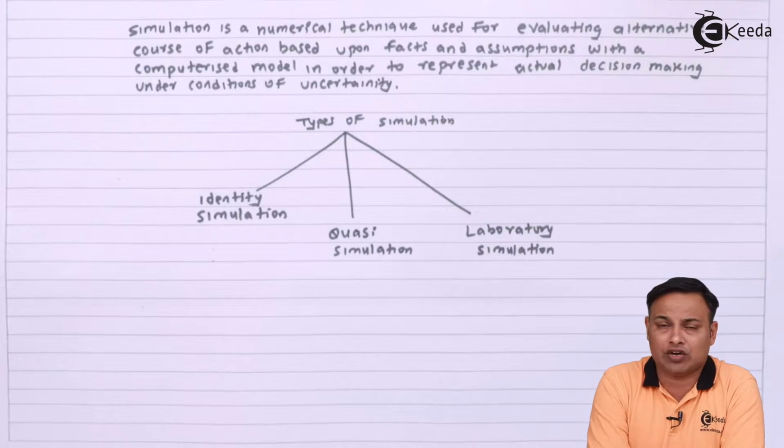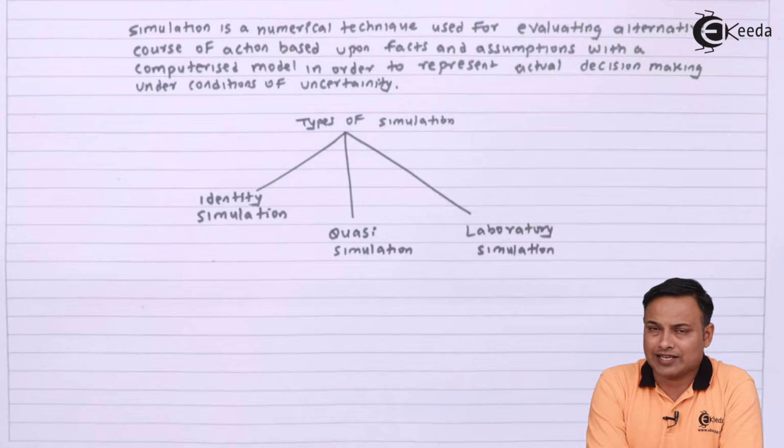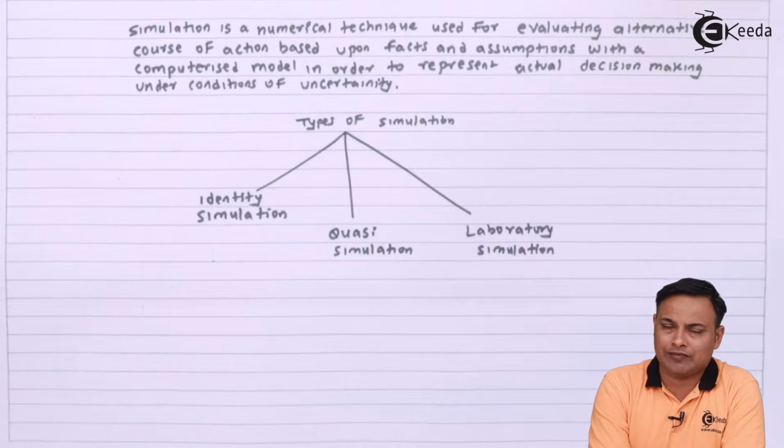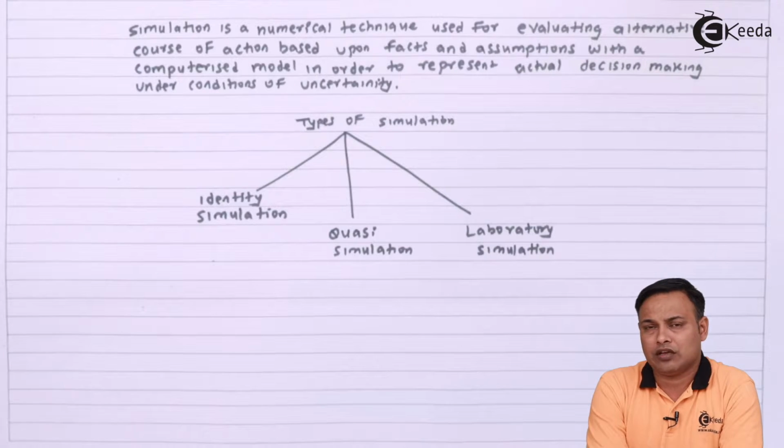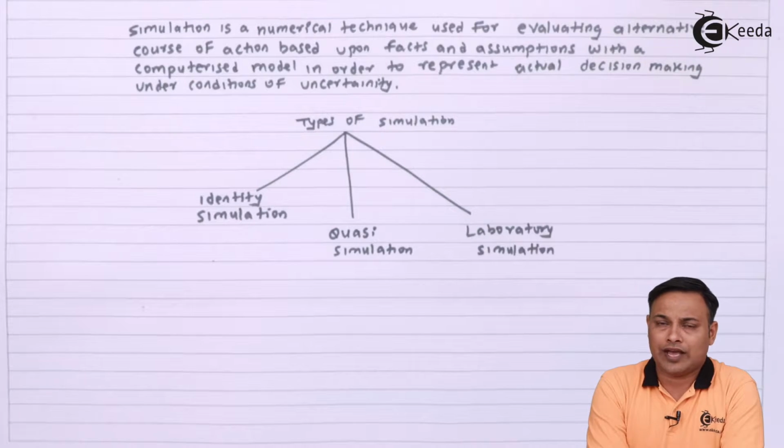That is, I'm simulating the overall banking system in my branch. Whereas under the second type, that is quasi simulation, we only simulate part of the total system. For example, trying to simulate the number of people who are going to deposit cash at the cash counter from 10 to 2 can be called quasi simulation.